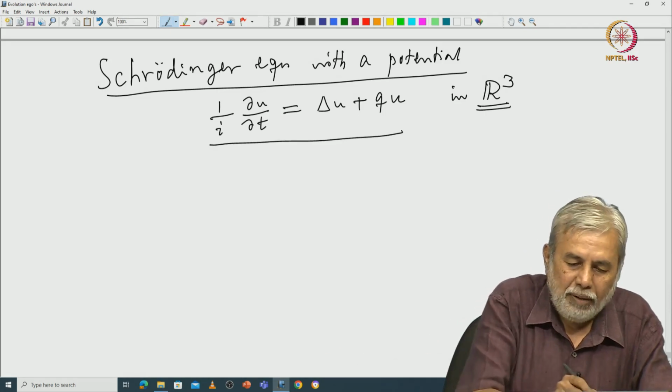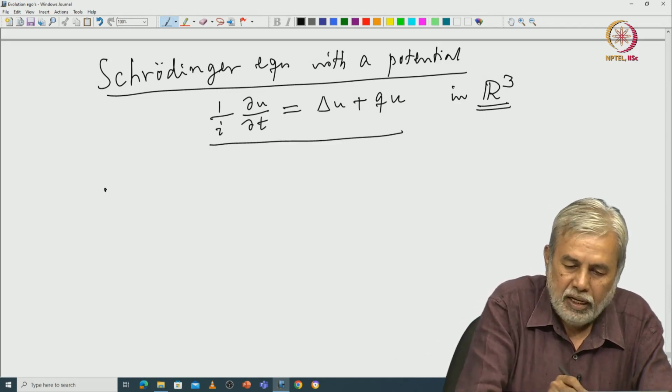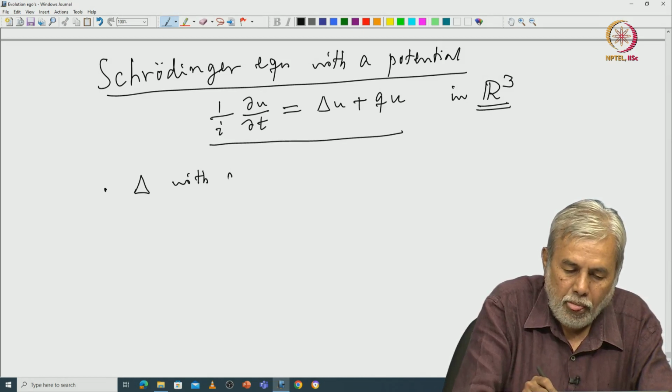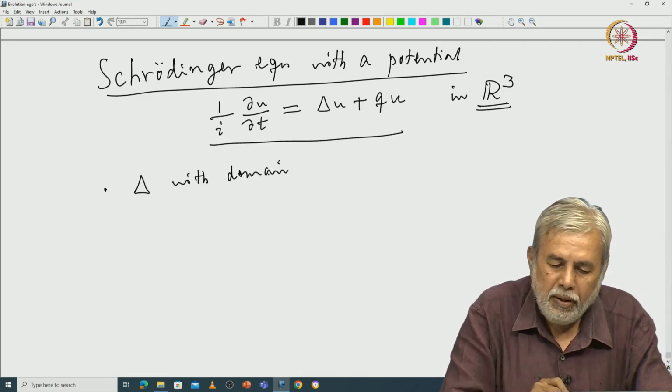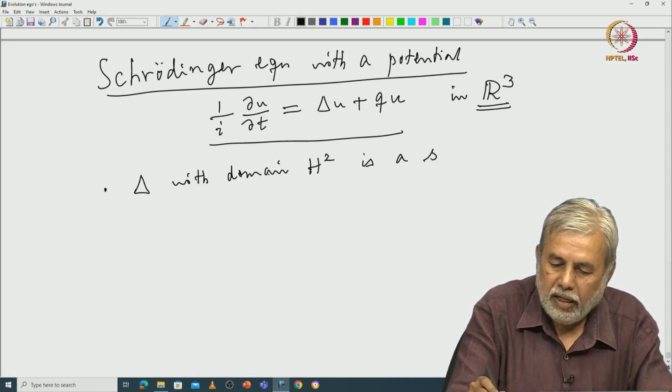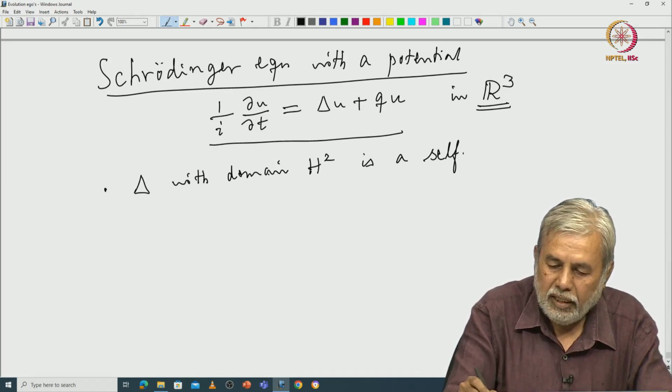Last time what we showed was that the Laplacian with domain H2, the free particle with no potential, is a self-adjoint operator in L2.